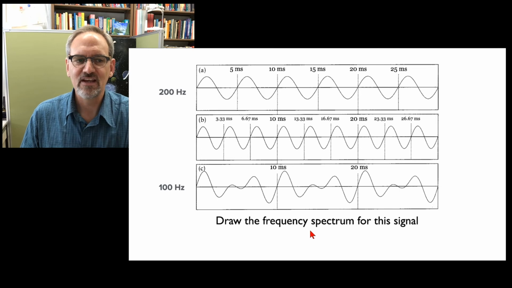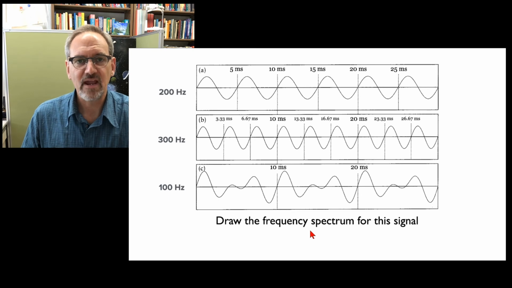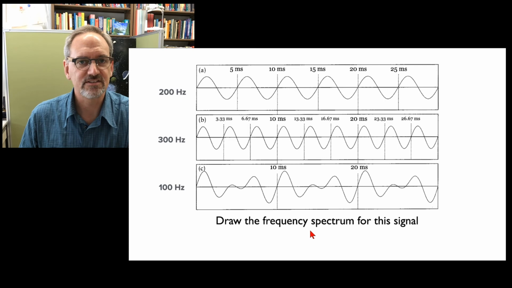No. It repeats itself 3 times every 10 milliseconds. Therefore, it repeats itself 30 times every 100 milliseconds, or 300 times every second. So it's a 300 hertz vibration. So the complex vibration we're interested in at the bottom has a fundamental frequency of 100 hertz, made up of 200 hertz and 300 hertz components.